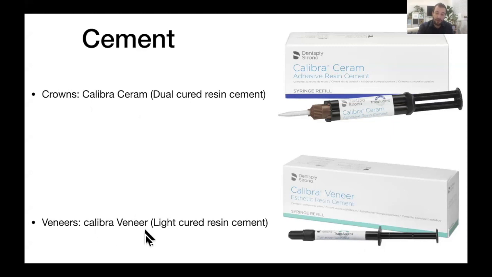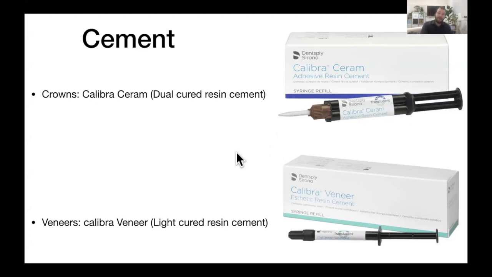You can use the Calibra Veneer, the light cured option, and you have endless time to work on your veneer. But if you're working with a crown where your light curing cannot penetrate through the crown, you want to use a dual curing option.